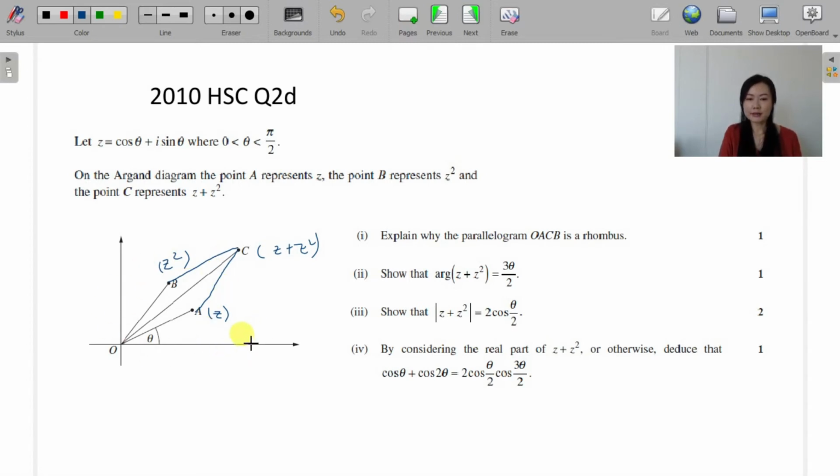Okay, all right, so explain why the parallelogram OACB is a rhombus. Okay, so now we know it's not just a parallelogram, it's a rhombus actually. So a rhombus's main defining feature is equal sides, right? So that's what you will be looking for.